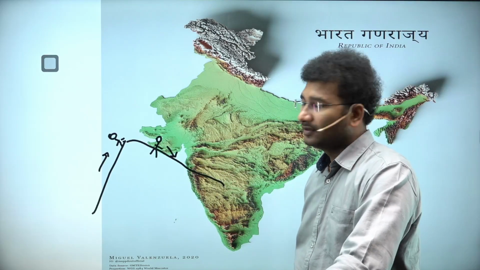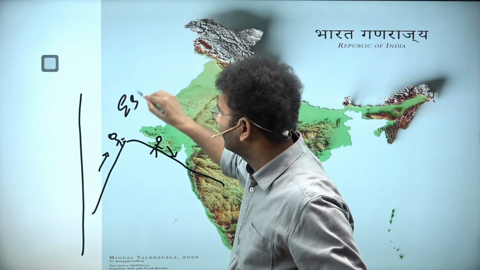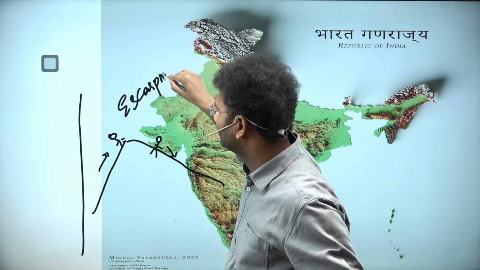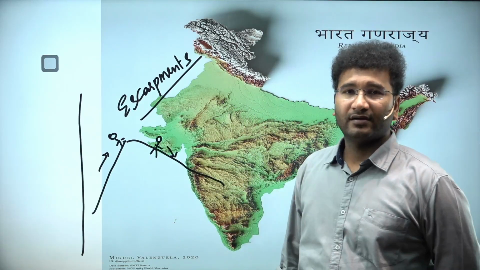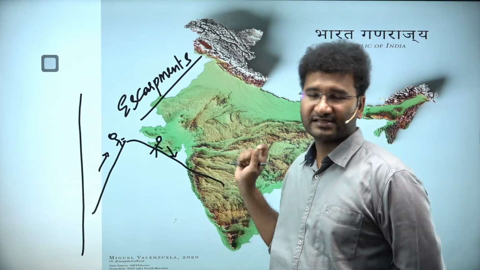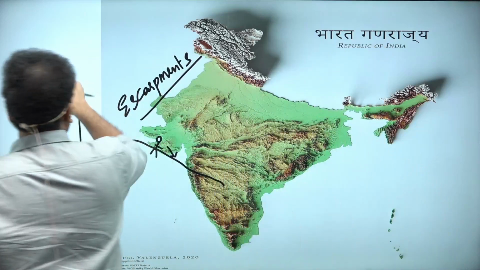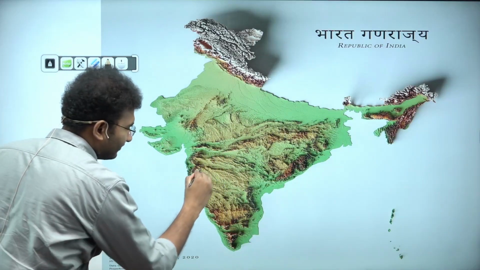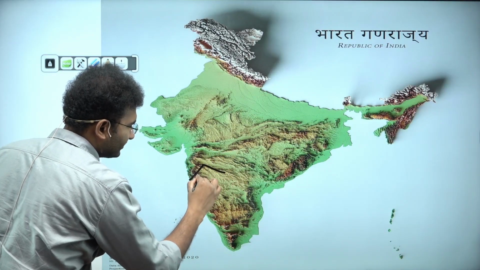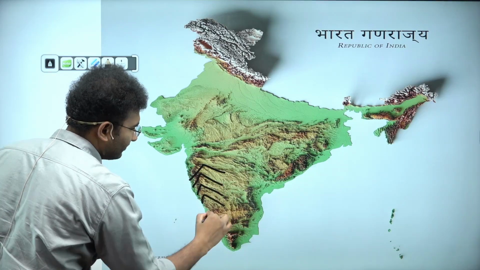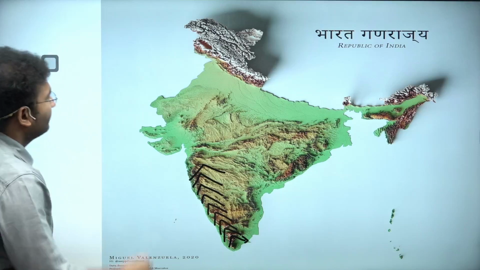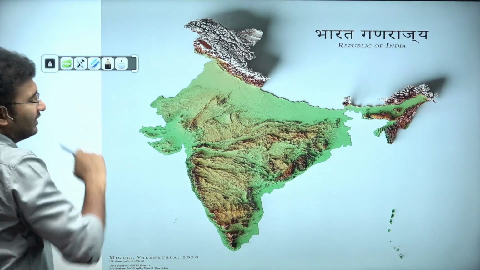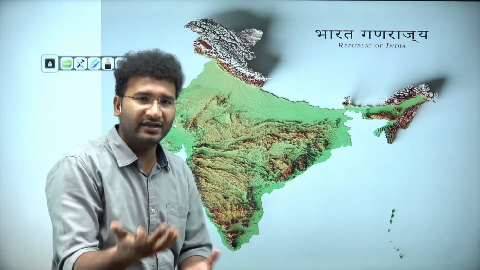This kind of landform is called an escarpment. As there are escarpments here, with very steep and gentle slopes, this is the reason why sometimes you will have the clouds staying over the mountains here.